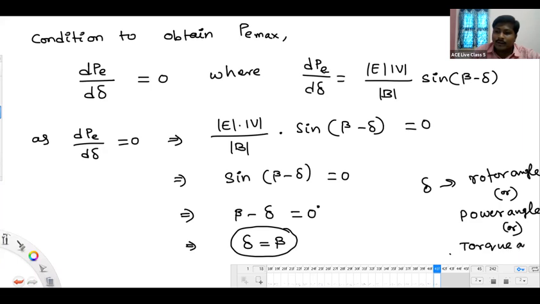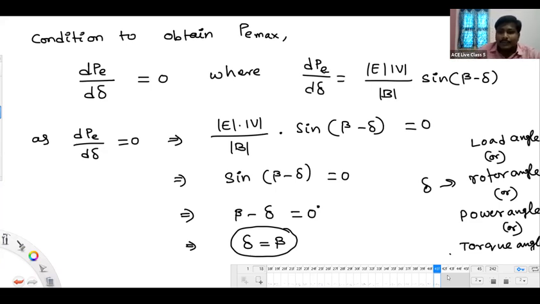All these three words are the same: torque angle, power angle, or load angle. This can also be called the load angle, because this is the angle on which the real power flow is mainly decided. All these names are the same in power system analysis.